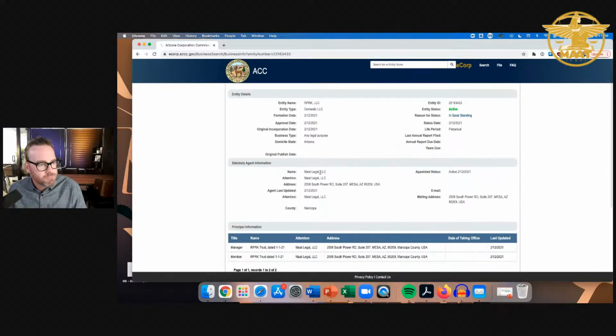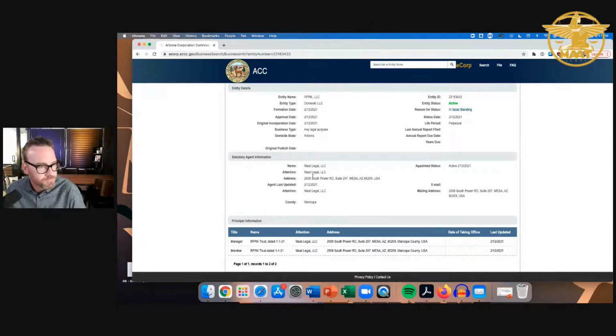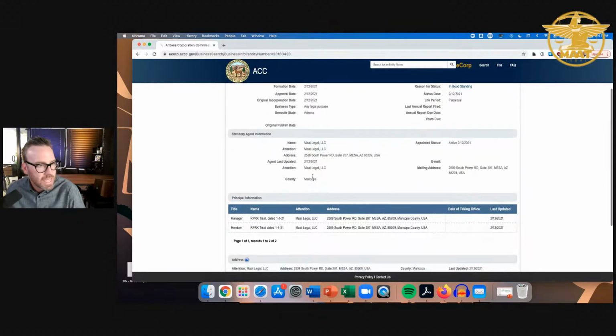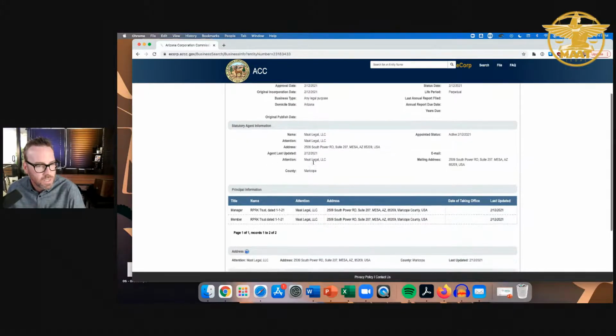So entity name RPRK LLC, active and good standing, created today. And the statutory agent, it shows Mott Legal is the statutory agent.